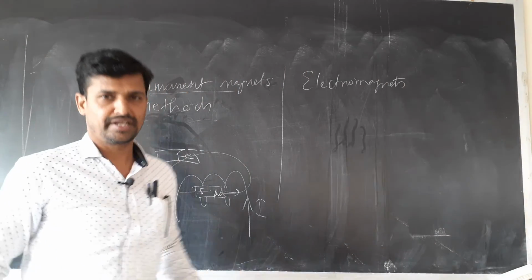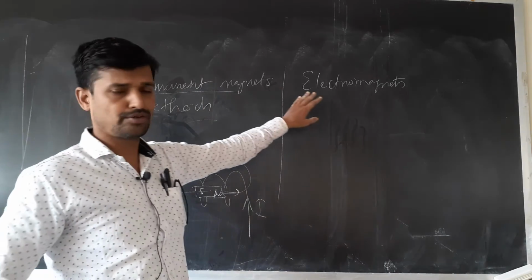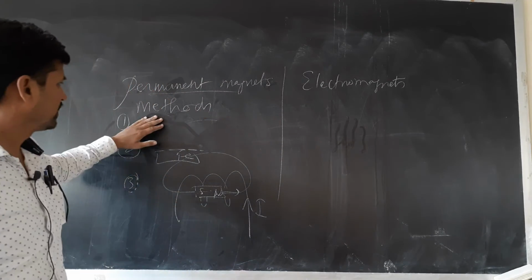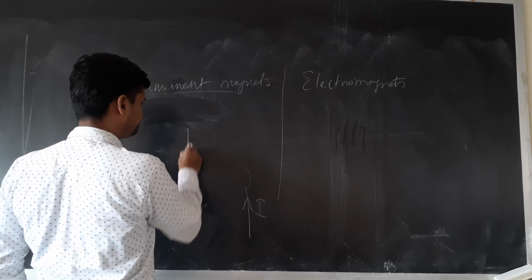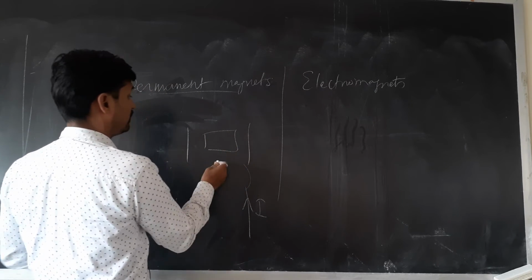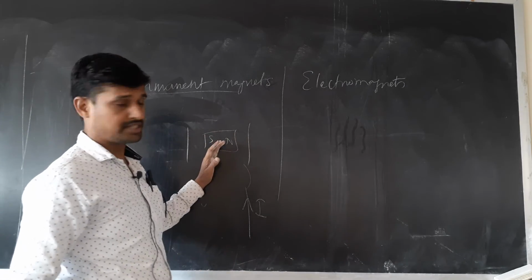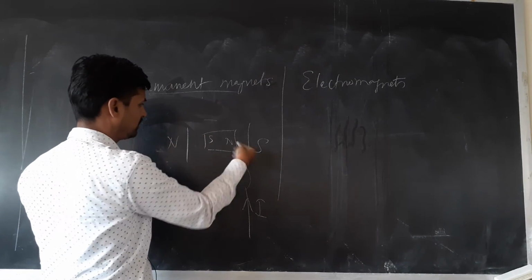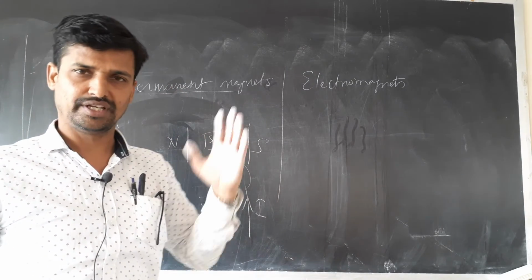Hello students, we will be studying next the types of ferromagnets: permanent magnets and electromagnets. Permanent magnets are those which retain magnetism for a longer time. See, when you place them in a magnetic field, they get magnetized. When you remove them also, they will remain magnetized for a longer time.